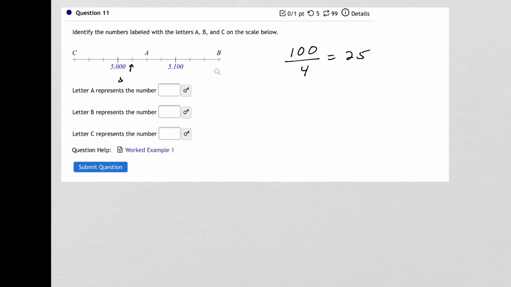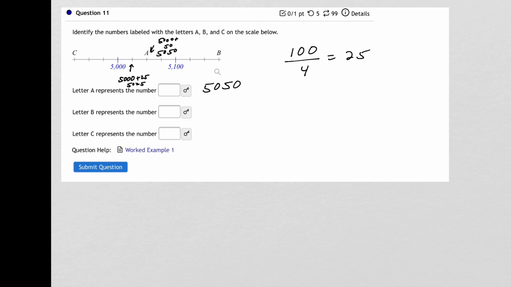This is going to be 5,000 plus 25, right? So that'd be 5,025. The A here is going to be 5,000 plus 50, right? Because I have two 25s. So this is going to be 5,050. So that's the A, 5,050.